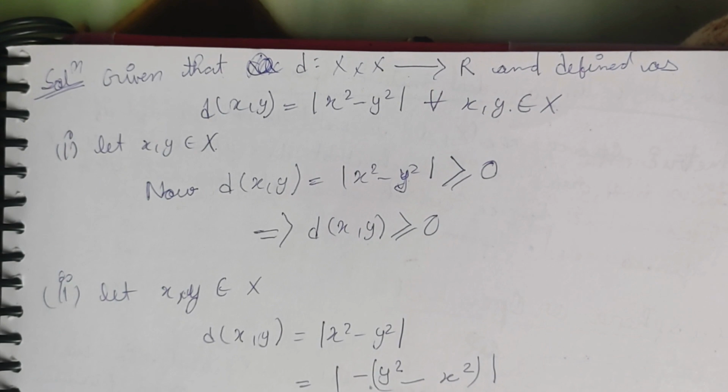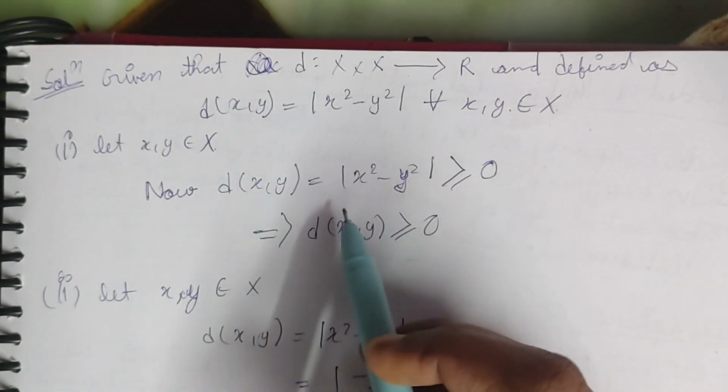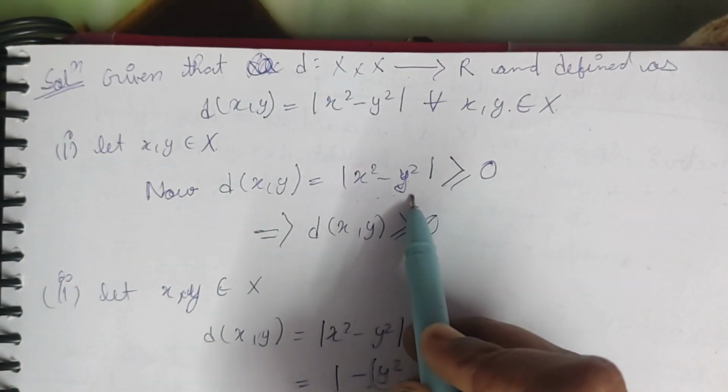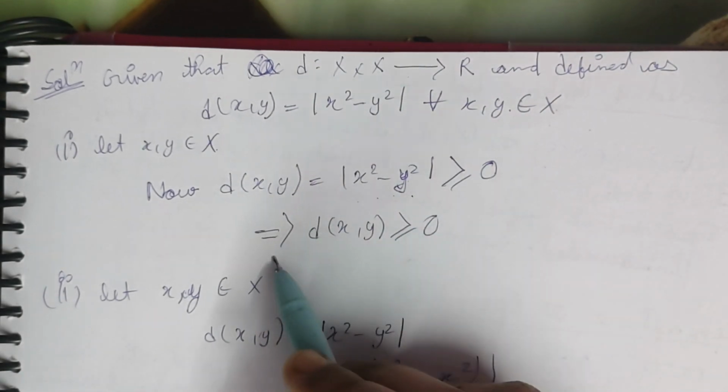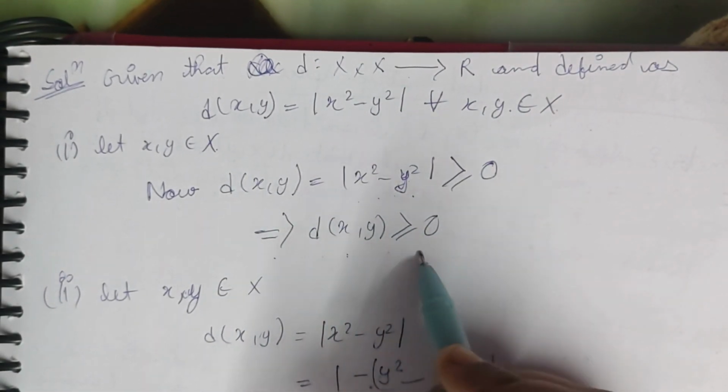For proving the first property, let x, y belong to X. Now d(x,y) equals modulus of x squared minus y squared, so it will obviously be greater than or equal to 0.